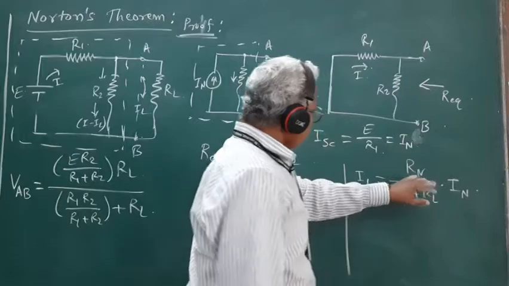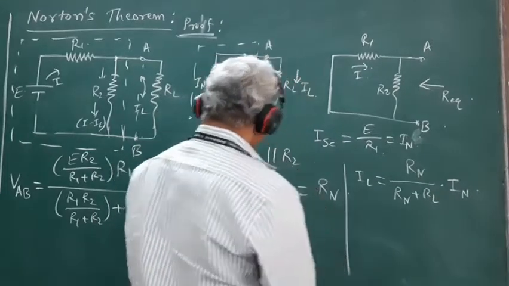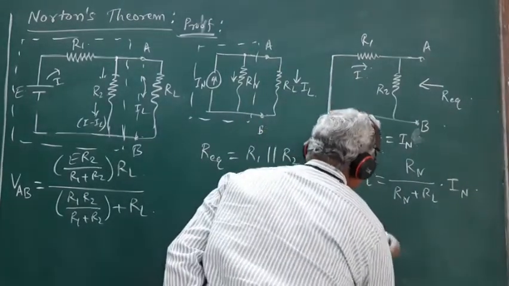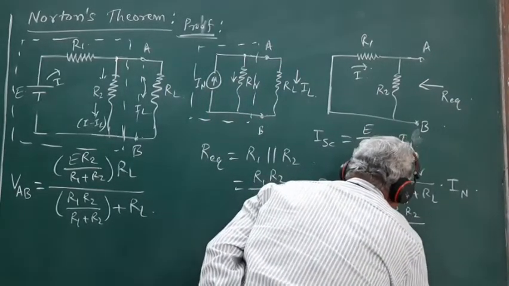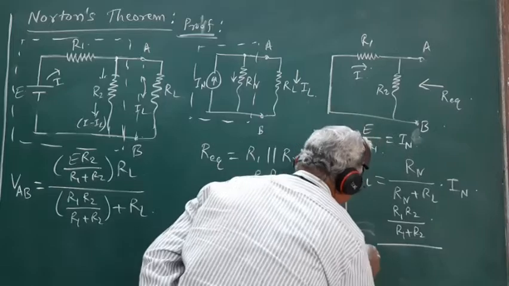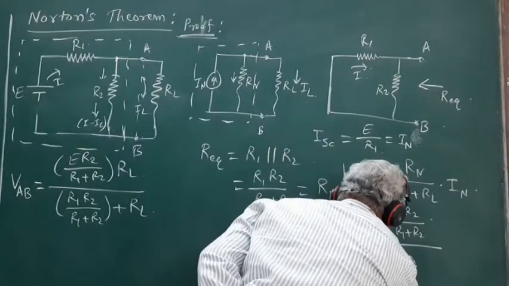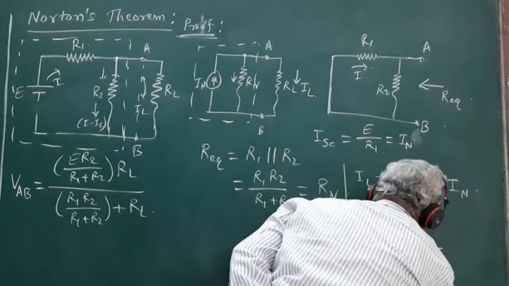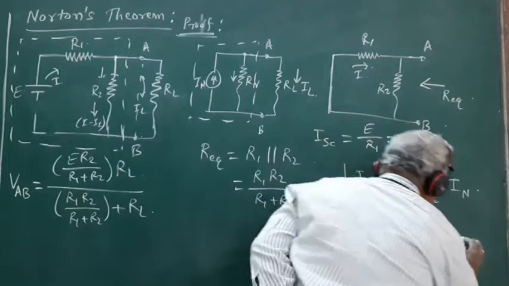So using the expressions for RN and IN here, we get the expression for IL. IL is equal to RN, which is R1 R2 upon R1 plus R2, divided by RN plus R, where RN is again R1 R2 upon R1 plus R2, into IN, and IN is E by R1.